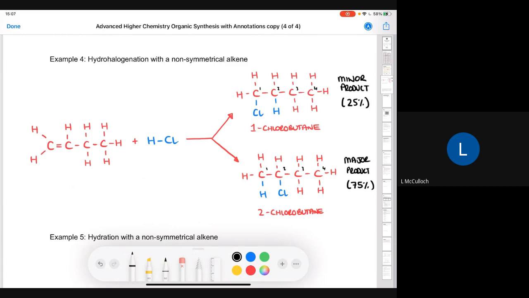There must be some kind of chemical reason that means that we get more 2-chlorobutane than 1-chlorobutane, and there is. And we'll be looking at how we can predict what our major product and what our minor product is going to be. And we'll also be looking at the chemistry behind why we get a major product and why we get a minor product. And it's to do with how the reaction takes place. And we will look at that, or start to look at that, during tomorrow's lesson.